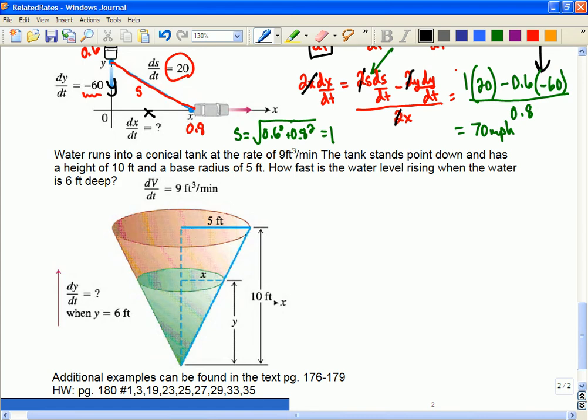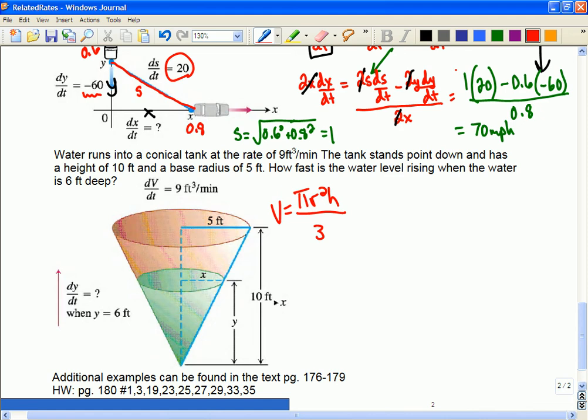So in this one, how do we relate the radius to the height to the volume? Does anybody have a formula that'll work? Yeah, that's the one. Okay, so pi r squared h over 3, that's the volume for a cone.